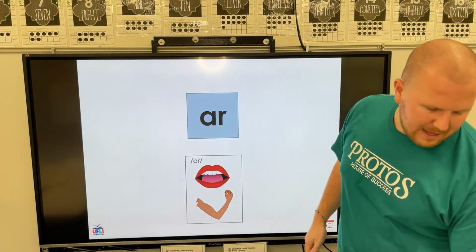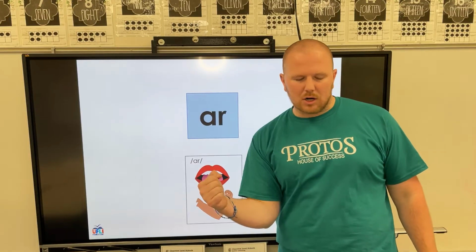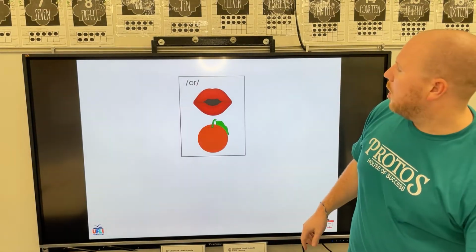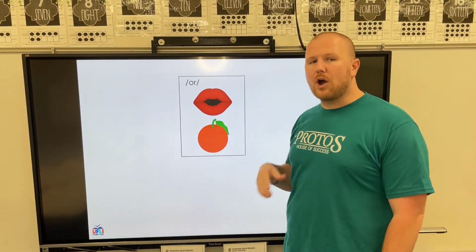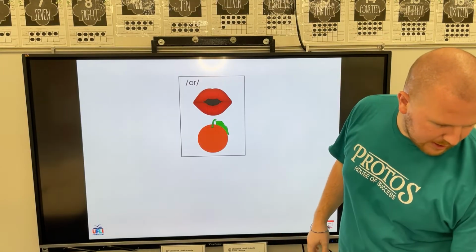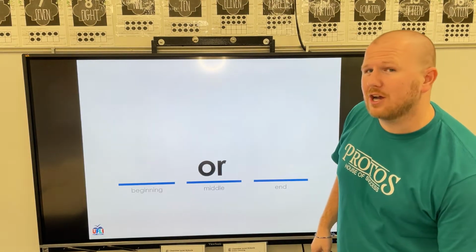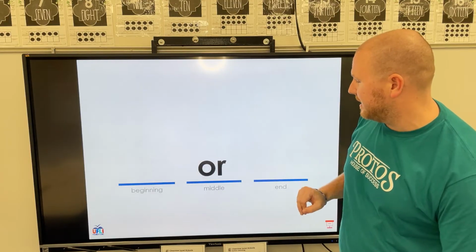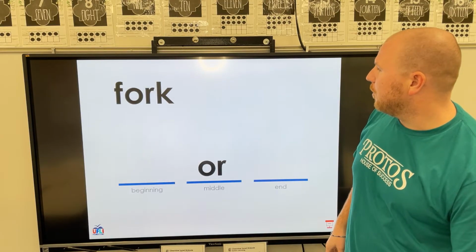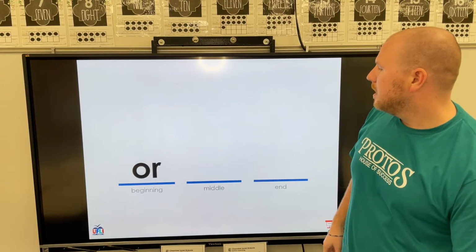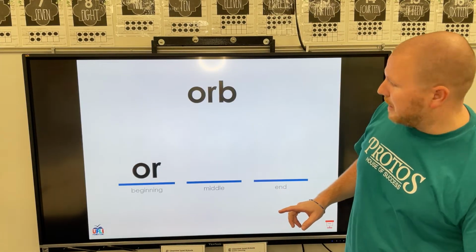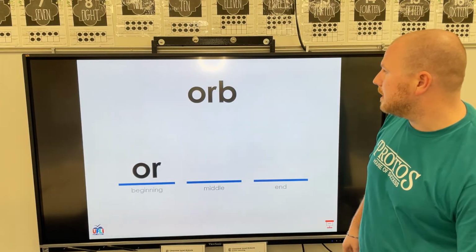What about AR? R. We did talk about that. OR is like orange. It comes in the middle. We did talk about this a little bit earlier, so we're kind of connecting this. In the middle, like fork and corn. It could be at the beginning. We talked about with like orange or orb.